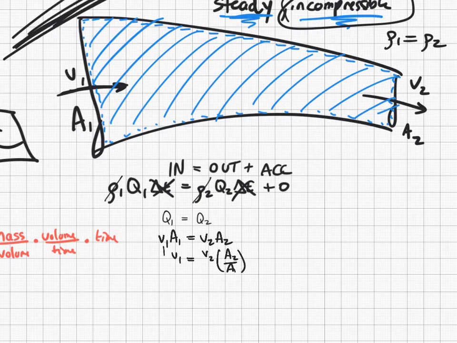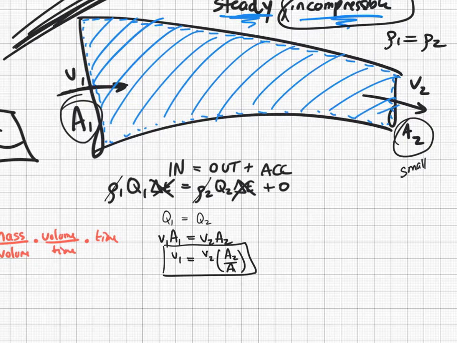So what does that mean? If the second area, A2, is small relative to A1, so A2 over A1 is less than 1, then V1 is going to be smaller than V2.